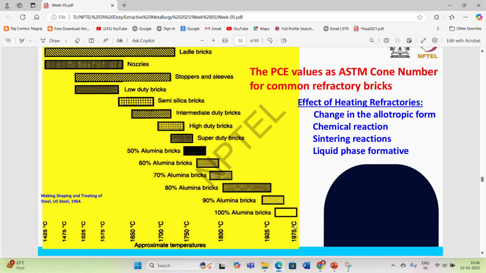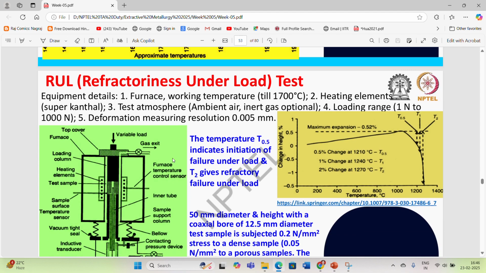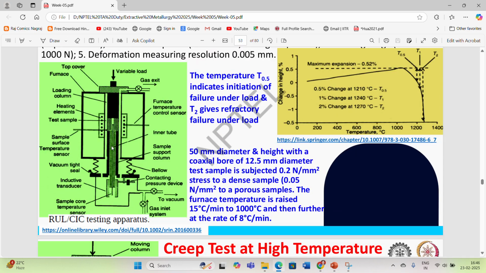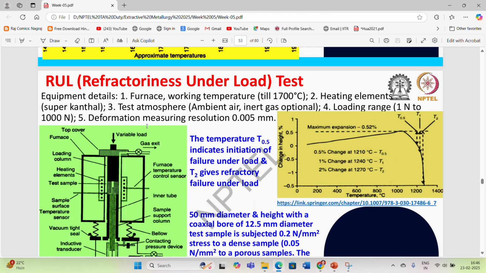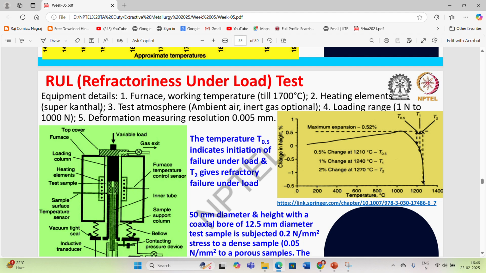So according to our need, we can differentiate the composition of the different refractive materials, or we can design the refractive material according to our need by mixing different types of refractive elements. Then there is the refractoriness under load test, which is done with equipment that contains a furnace with working temperature up to 1700 degrees Celsius and heating elements made of Super Kanthal alloy. The test atmosphere can be ambient air, inert gas or optional, and the loading range is 1 Newton to 2000.